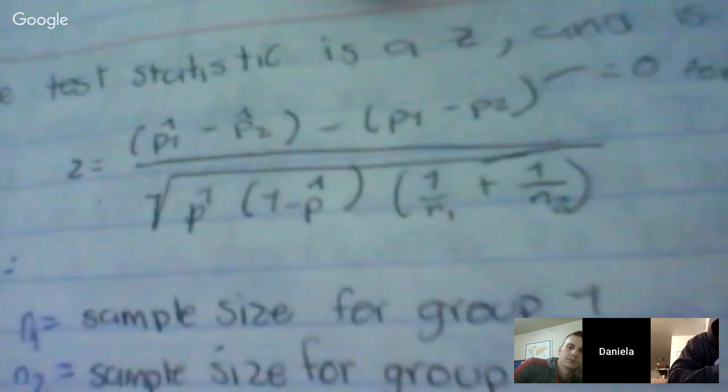It's Z equals parentheses P hat 1 minus P hat 2 minus parentheses P1 minus P2, all over the square root of P hat times 1 minus P hat times 1 over N1 plus 1 over N2. Yeah, that's what I have on there.